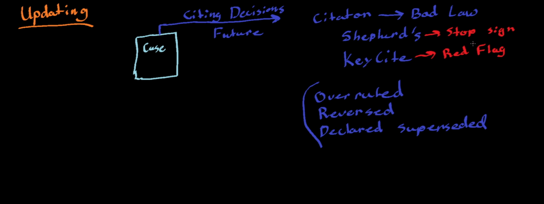And you can also use this citator tool, Shepardizing and KeyCiting, to update statutes, regulations, and even constitutional laws to see if they have been declared preempted or unconstitutional, or if there's some other issue that would make that law bad law.